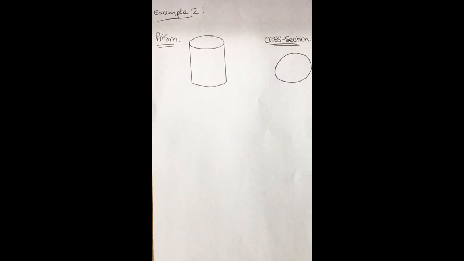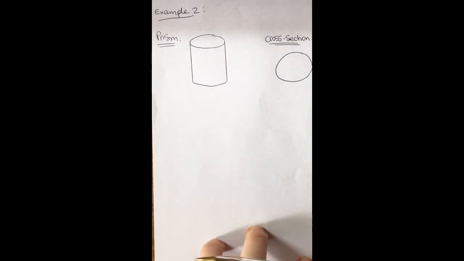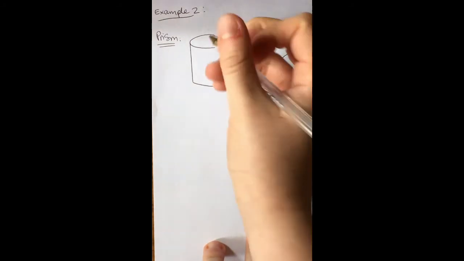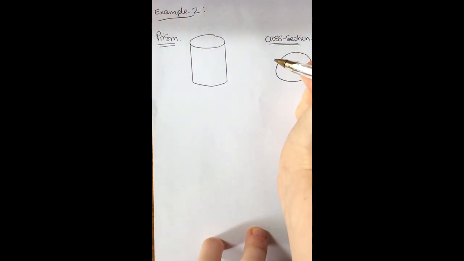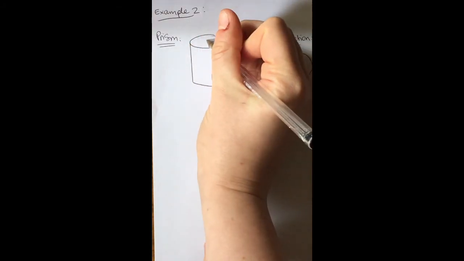Example 2 describes Jessica's cylindrical vase. The vase has a radius of 4 centimetres and a height of 15 centimetres. Okay, so on here I have drawn a cylinder. A cylinder is a prism with a cross section that is a circle. We showed that from earlier. And we know that the radius of this top face is 4.